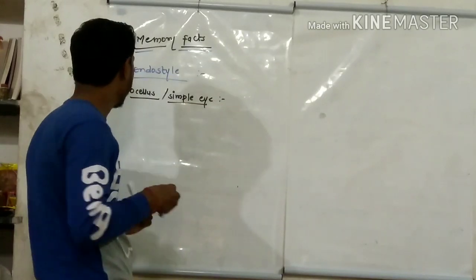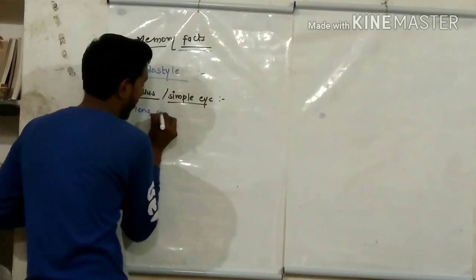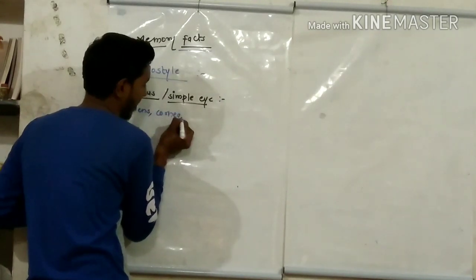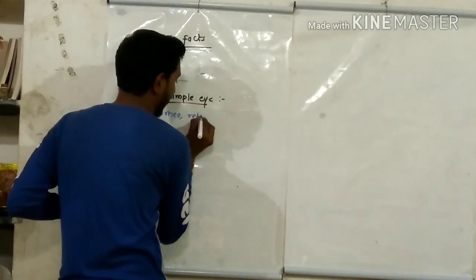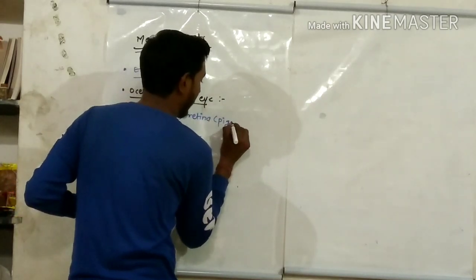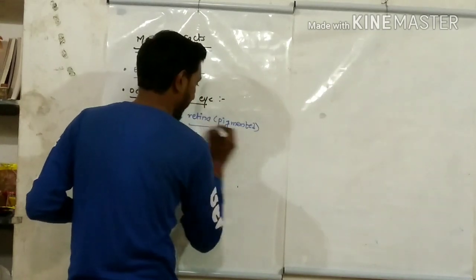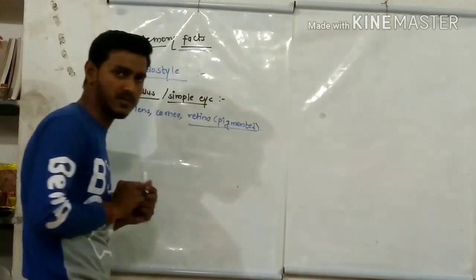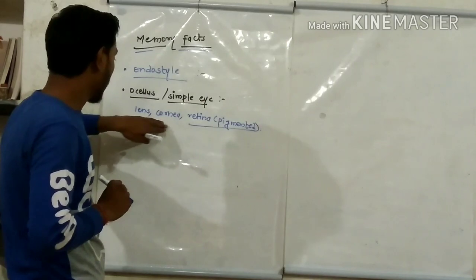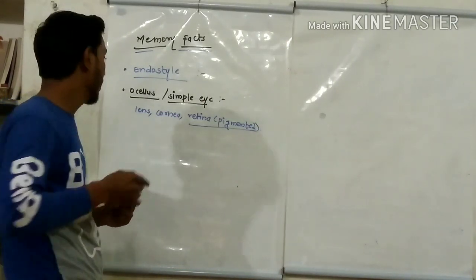It contains lens, cornea and retina that is pigmented. It is the structure of this simple eye. Cornea is the transparent part present in front of the eye.